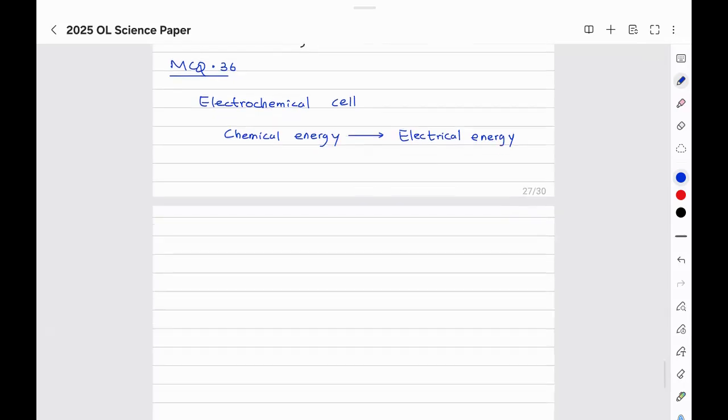Right. If I draw the simple cell produced by zinc and copper electrodes, right?